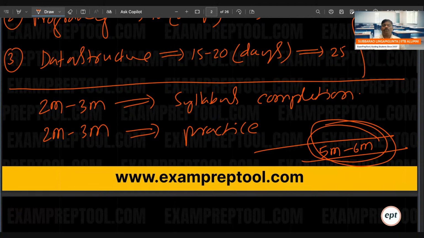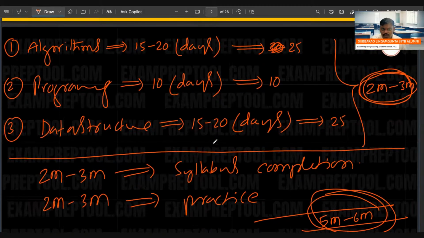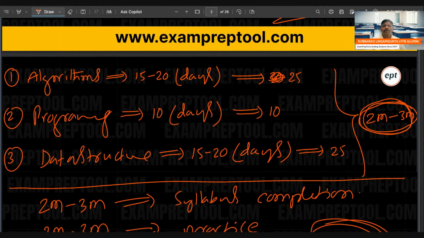I have given a rough idea. I cannot say exactly. My plan is 15 to 20 days algorithm, 10 days programming, 15 to 20 days data structure. However, this is my expectation.